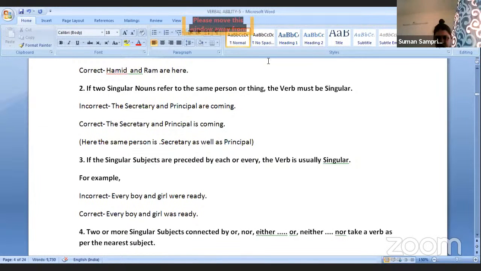Okay, so like this: the secretary and principal are coming. Here we have two words, the secretary and principal, but you can find that we do not have an article over here. The article is missing. Okay, here no article is there. So in that case, it will be "is". Why? Because here the same person is secretary as well as principal.